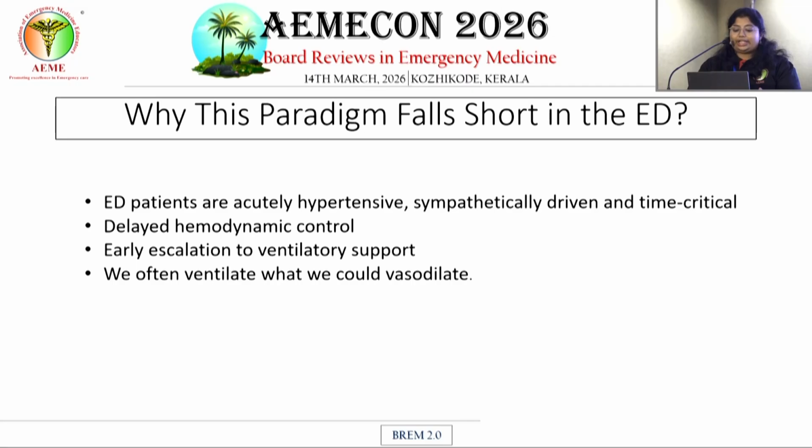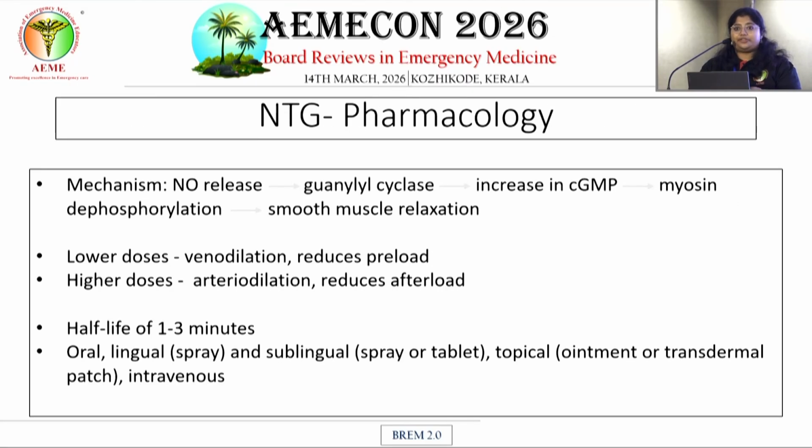So talking a little bit about the pharmacology of nitroglycerin in brief, nitroglycerin causes the release of nitric oxide, which activates guanylyl cyclase enzyme, which increases the cyclic GMP, causing myosin dephosphorylation, resulting in smooth muscle relaxation. So this is a dose-dependent function.